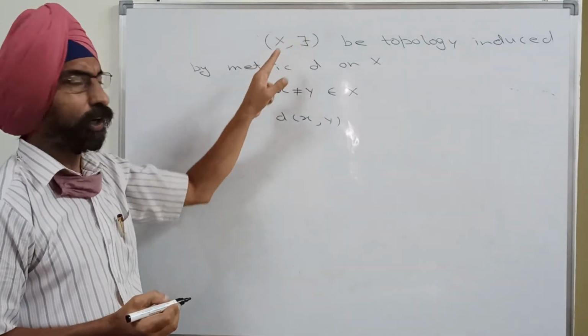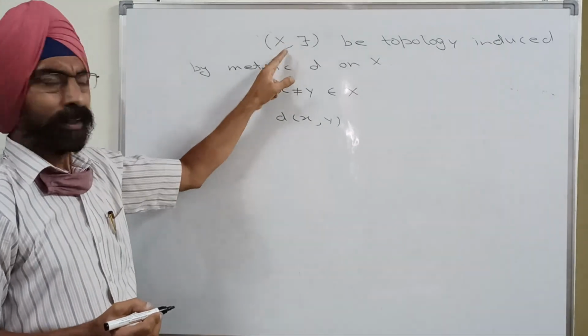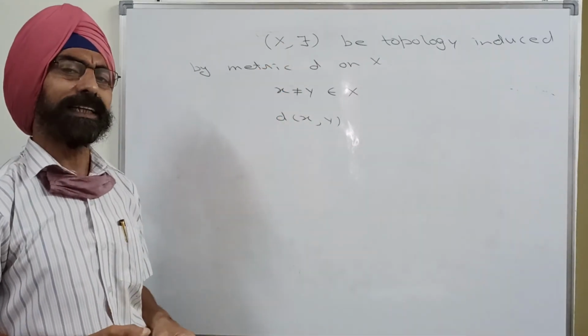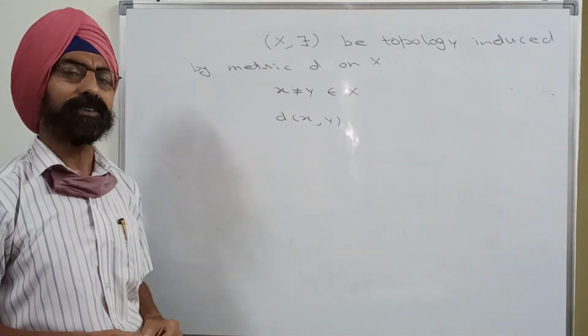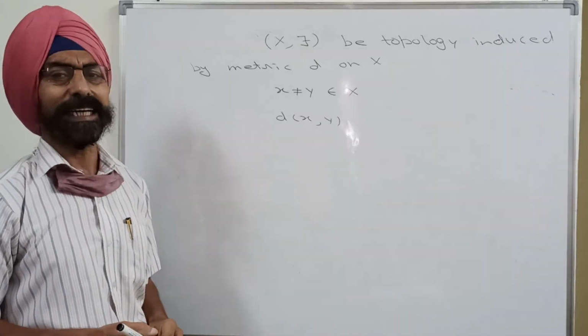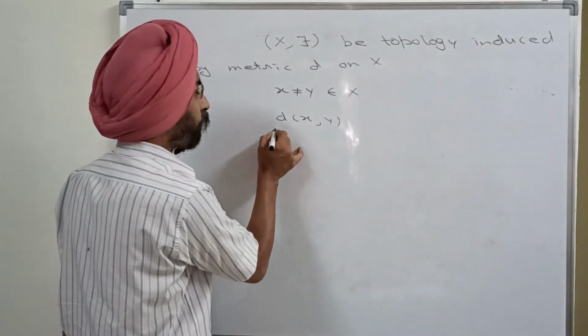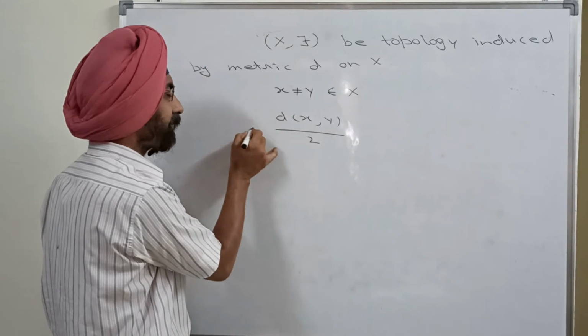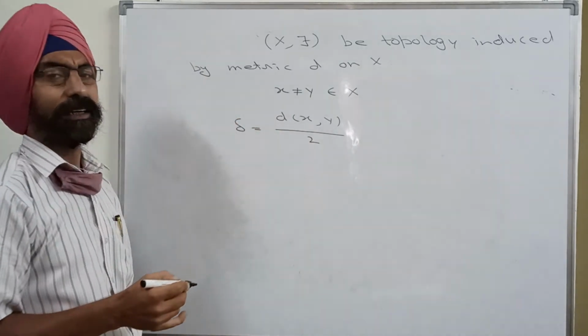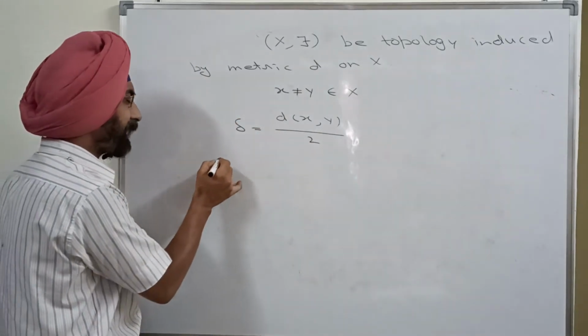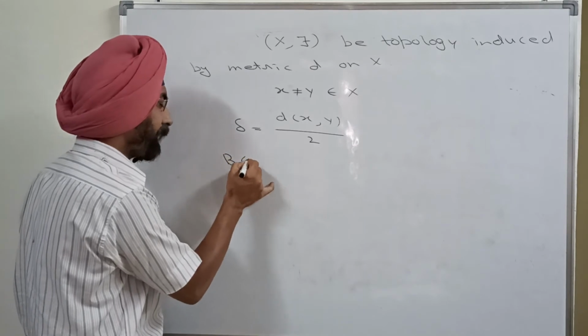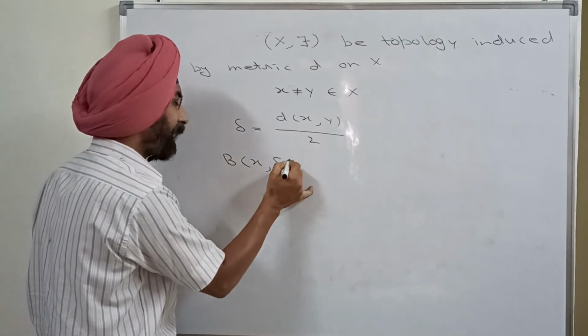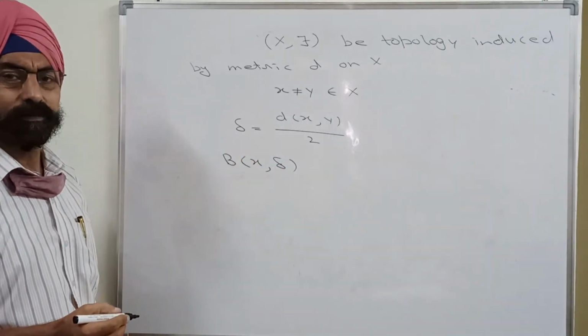d is the metric on the set X, and instead of taking the distance |x minus y|, we are taking d(x, y), and once again we halve it and take it as delta. Now consider the open ball B centered at x and radius delta.